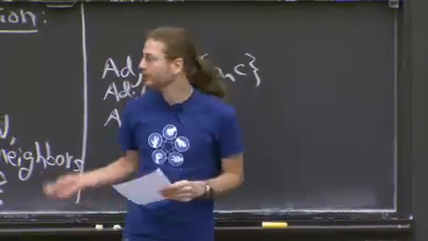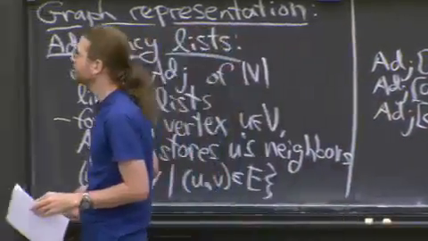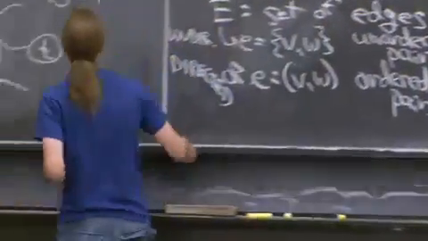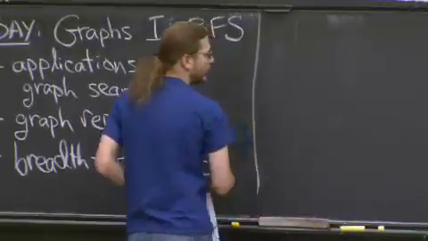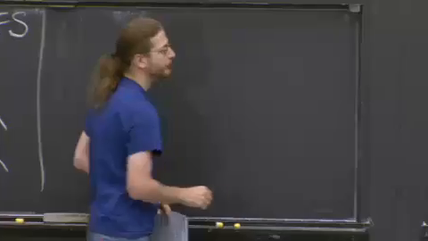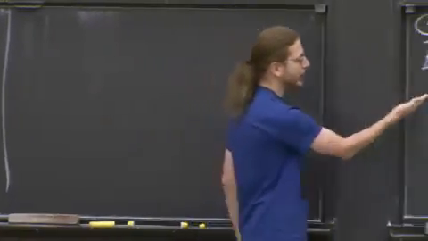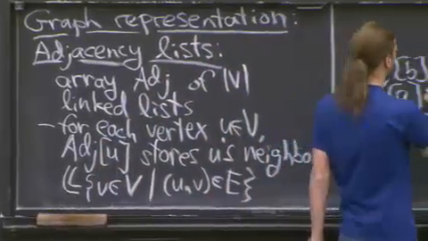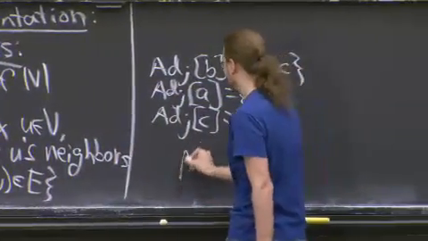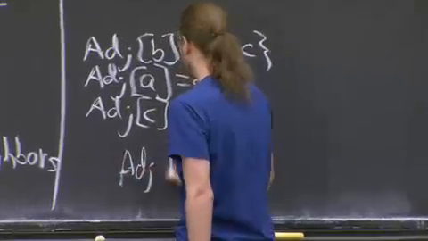There's a lot of different ways to actually implement adjacency lists. I've talked about two of them. You could have the vertices labeled 0 to v minus 1, and then this is literally an array. In this picture, ADJ is an array.